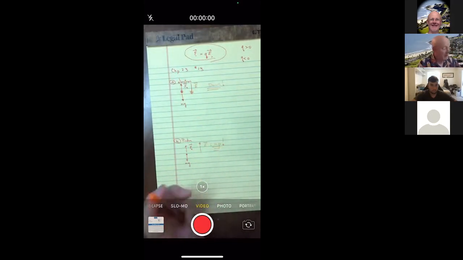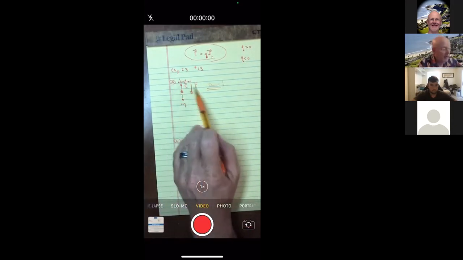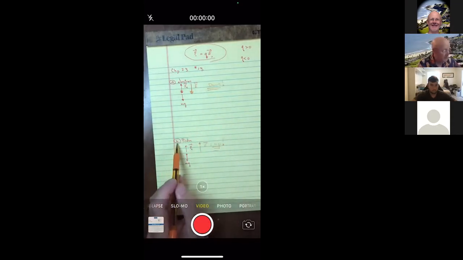So when this problem asks for both the direction and the magnitude, starting here with direction, for A, the field has to be down, and for B, the field has to be up.